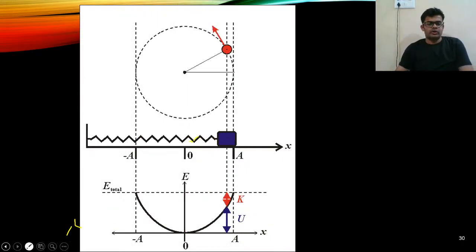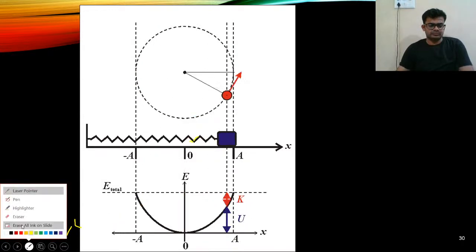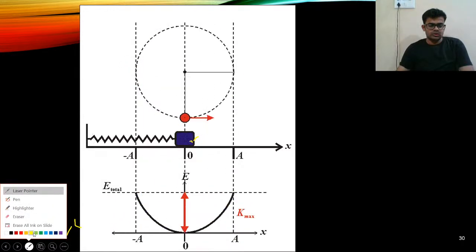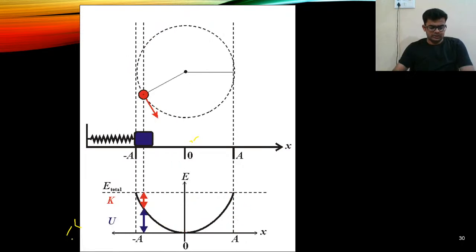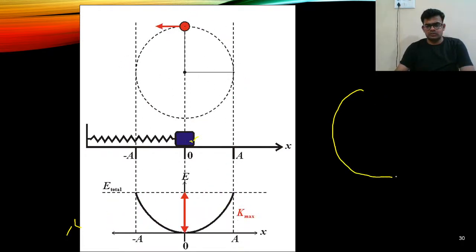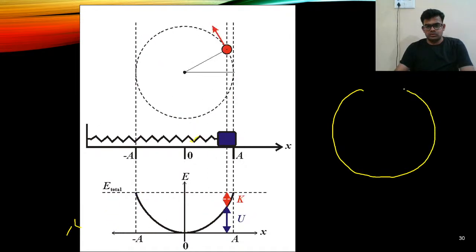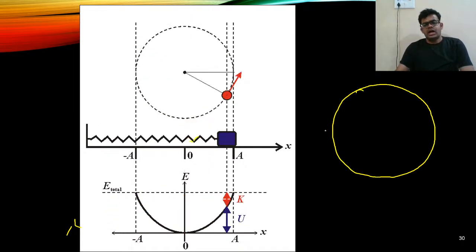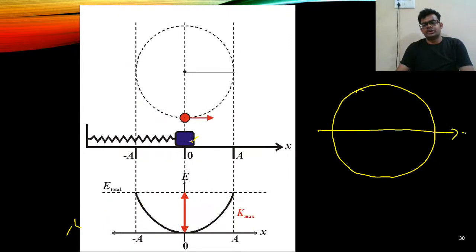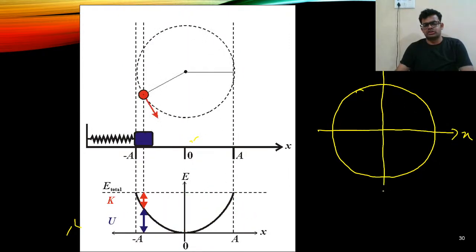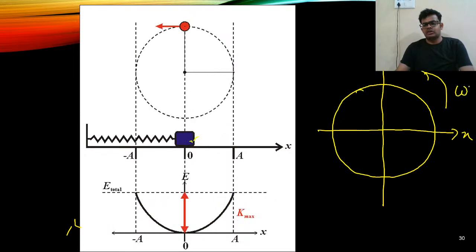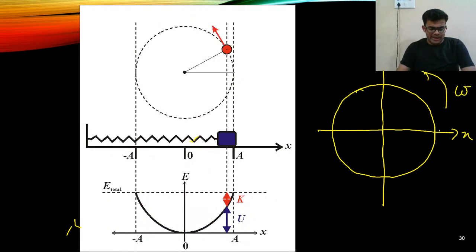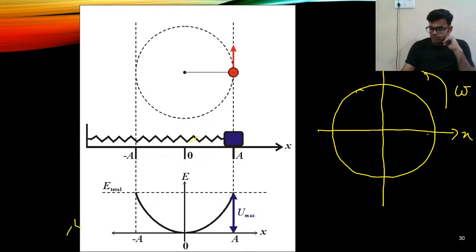Yes. So I am going to explain you, my dear friends. So I am taking yellow ink. Let's say I have a circle. Okay, and particle is executing motion. So I am saying the direction of angular velocity is like this, and omega is constant, means it is uniform circular motion.